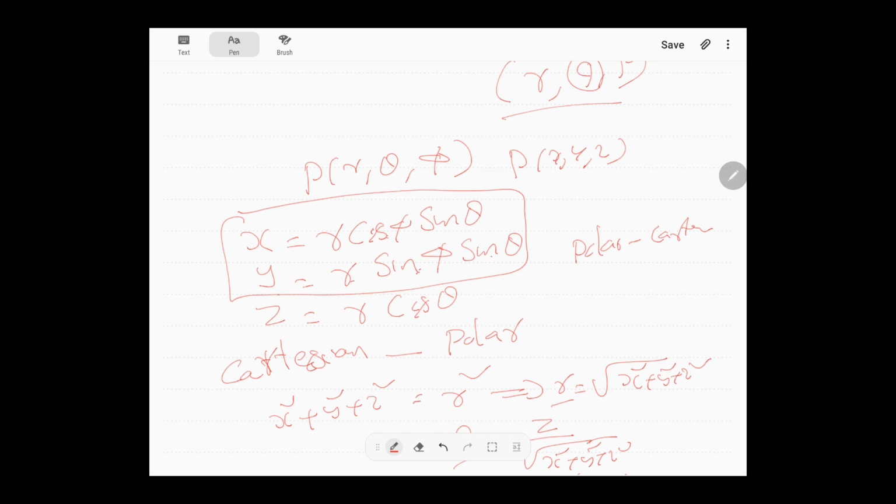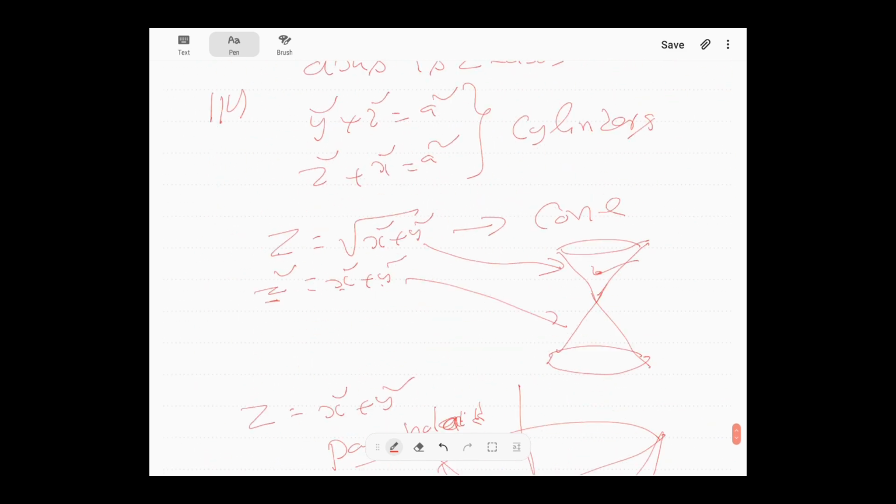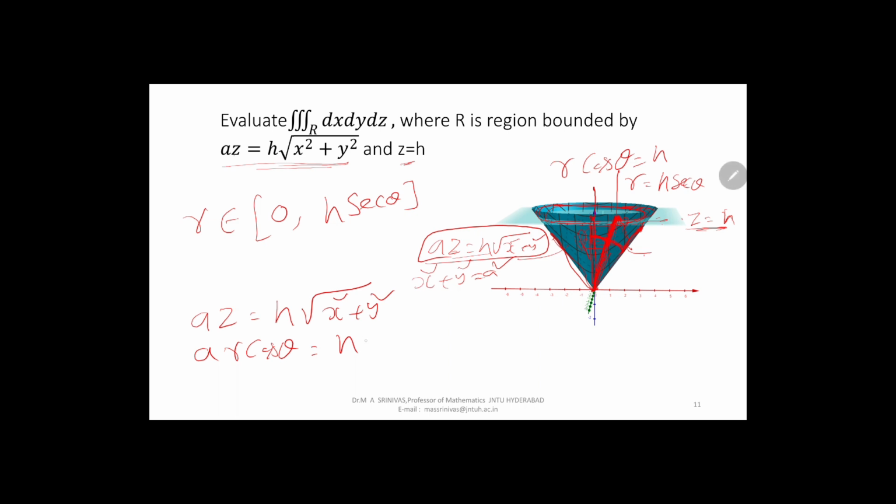R square sine theta is the Jacobian. Here x square plus y square is r square sine square theta. So keeping that in mind, x square plus y square is r square sine square theta. If I find the square root, r sine theta, r gets cancelled here. Sine theta by cos theta, that is tan theta.